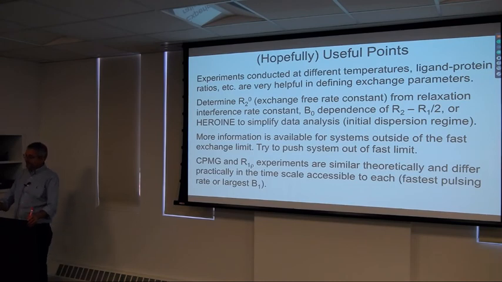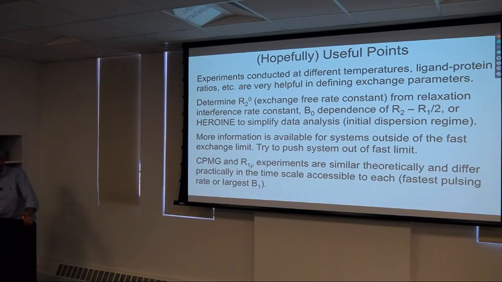The CPMG experiments were made robust first, so there's many more papers applying the CPMG experiment. At this point, they're simple to set up. There's lots of variants of them. The R1-rho experiments actually have more information in them because, as we saw in the theory section, they contain information on the minor resonance, not just the absolute value of delta omega.